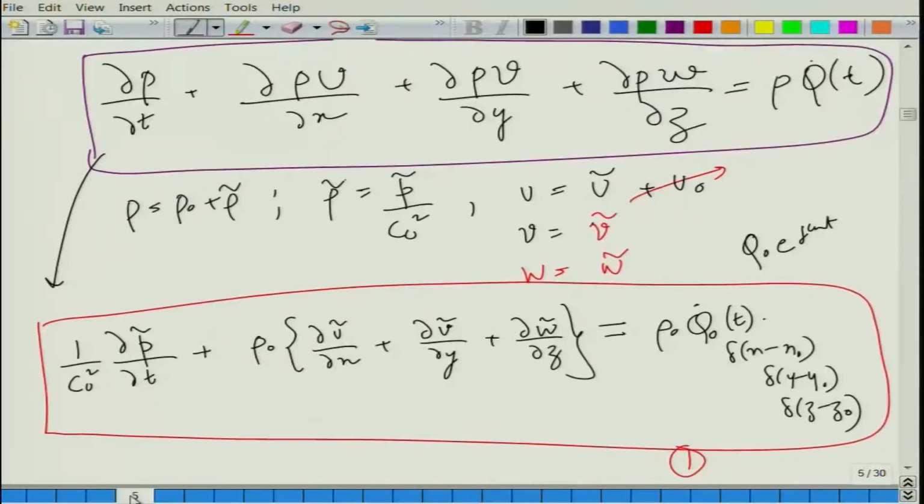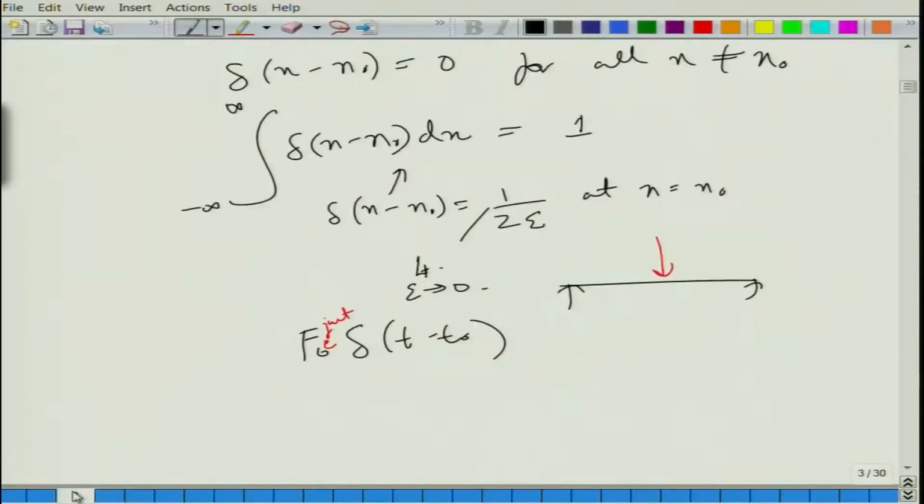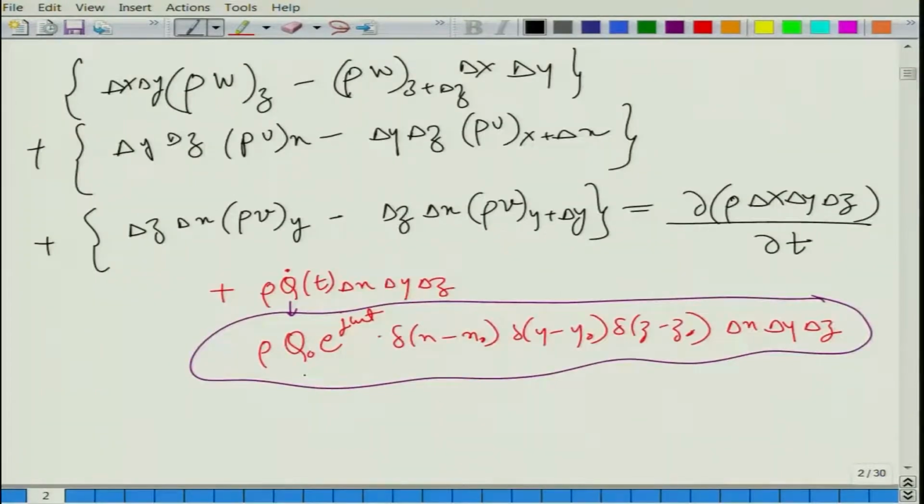Now, let us go back to our previous slides where we have this kind of a thing. Now, we have Q naught like this, but suppose we have another representation, which is your piston driven model. What are the changes that one needs to make?